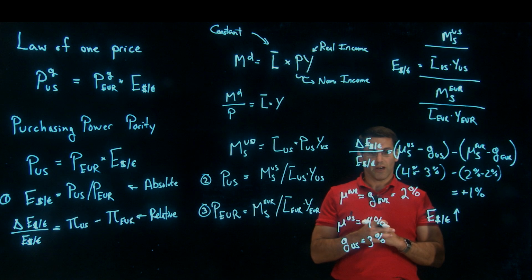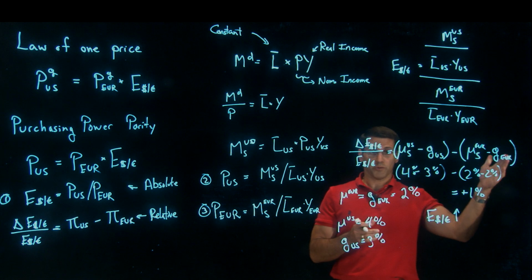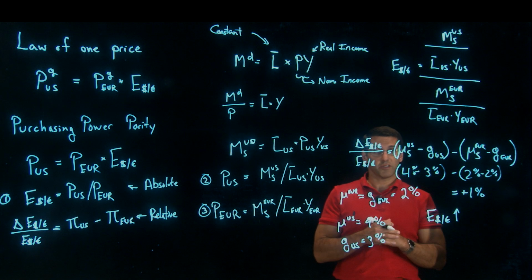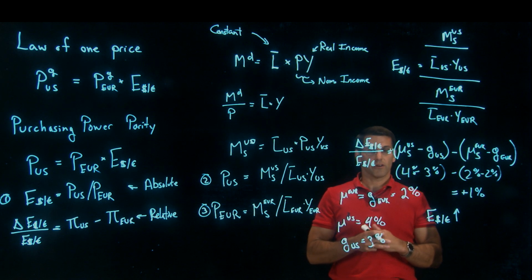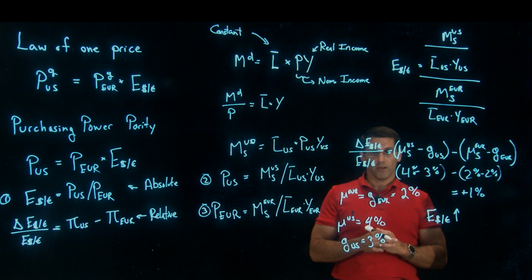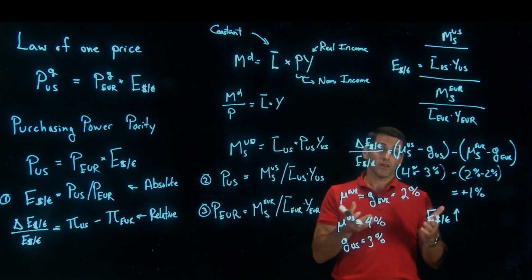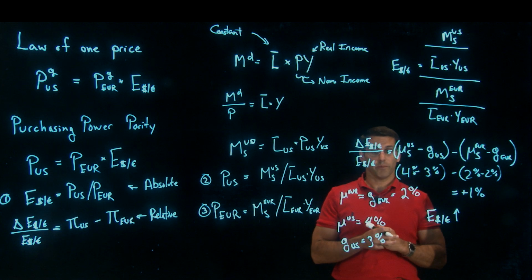So if we have an increase in the growth rate of the money supply in the US, ceteris paribus, holding everything else constant, that will cause the dollar to depreciate relative to the euro. And so one of the things we want to do in class is to see just how well this equation holds up to the real world and to data from different bilateral exchange rates.